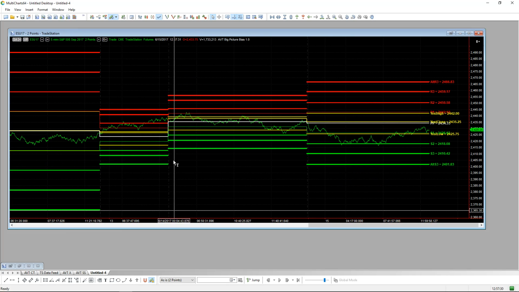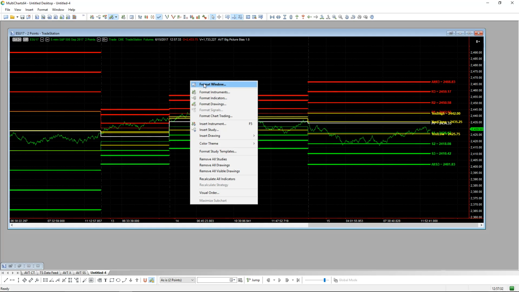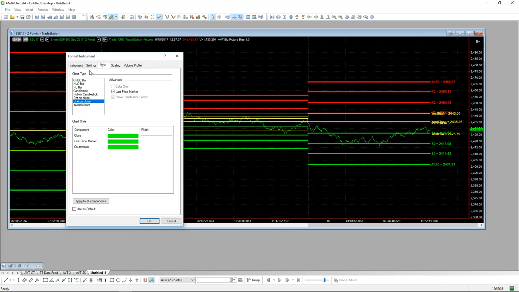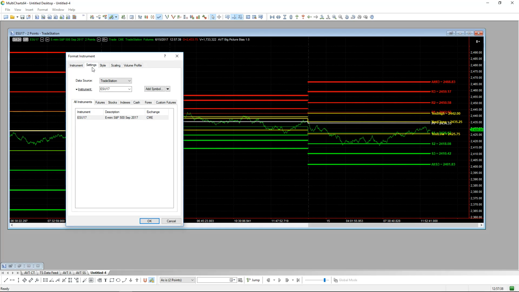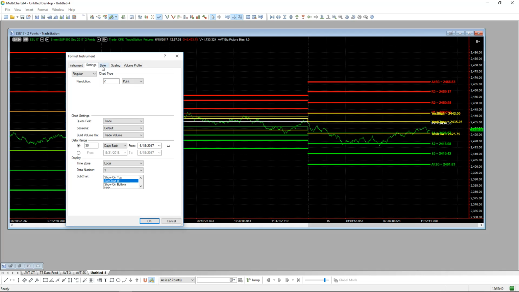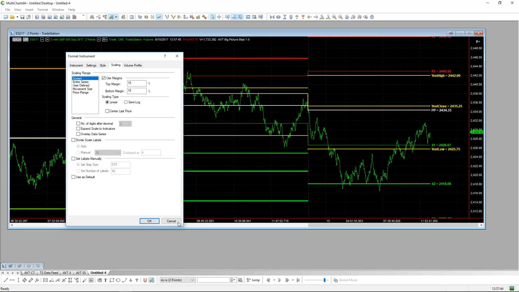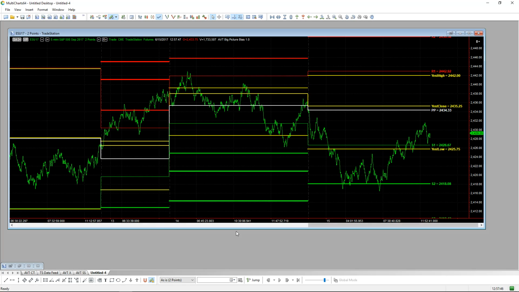As you can see, I need to change the scaling as well. So Format Instrument, because I don't want it to expand to indicators. Okay, that's much better.